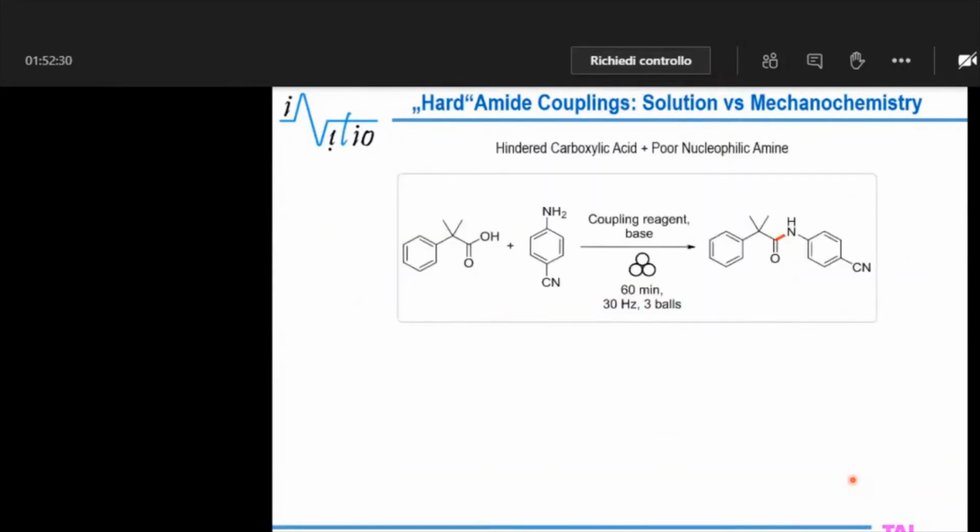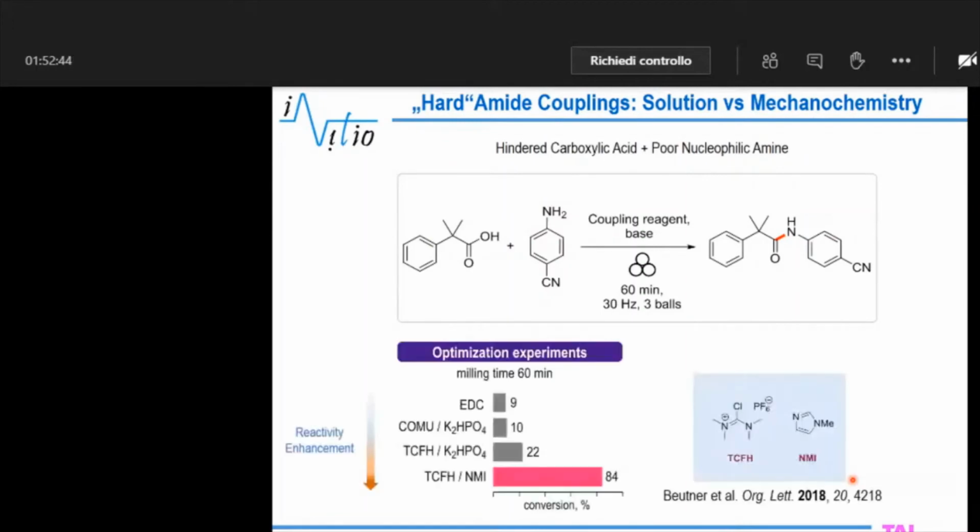This also works for hard cases, like shown here. So, a case of a hindered carboxylic acid and an extremely poorly nucleophilic amine. Mechanochemistry also accelerates this reaction.